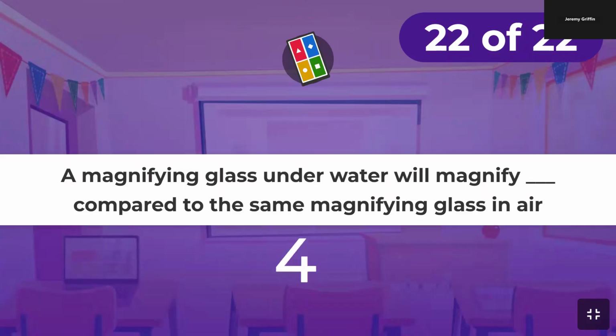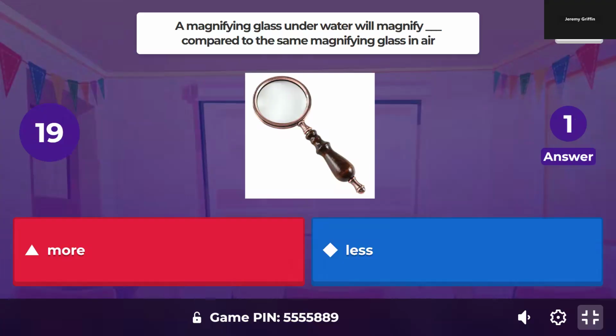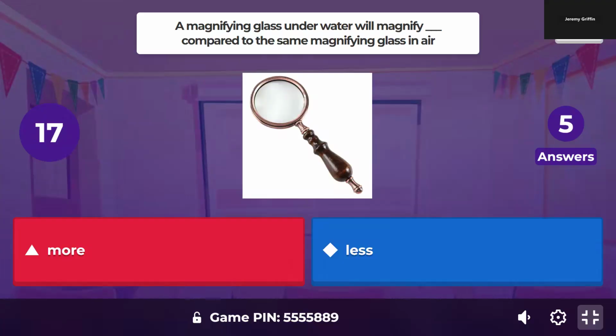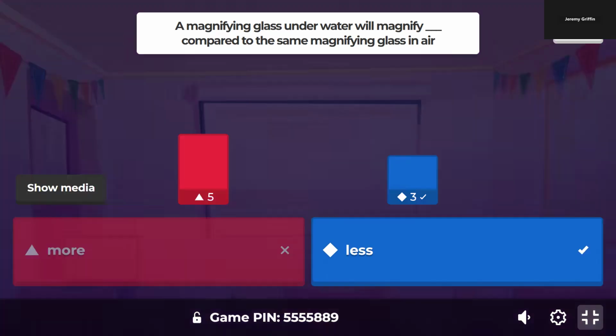Magnifying glass underwater will magnify how compared to air? Yeah, not as much, not as well.